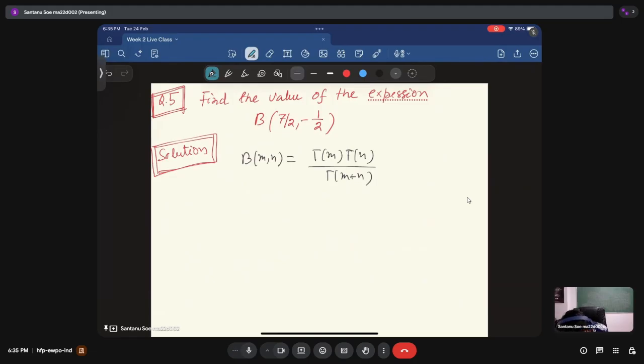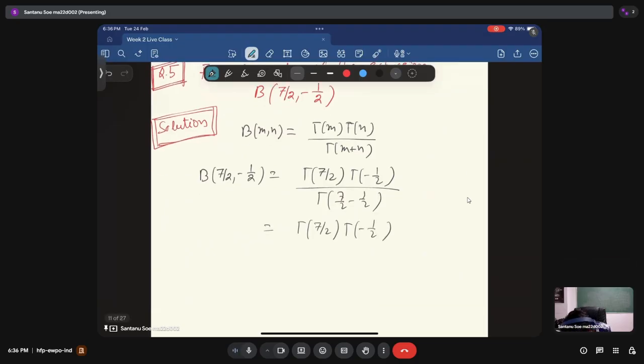Correct. Now by that formula, we can write beta of 7 by 2 comma minus 1 by 2 as gamma of 7 by 2 gamma of minus 1 by 2 and then gamma of 7 by 2 minus 1 by 2. So this is gonna be gamma of 7 by 2 gamma of minus 1 by 2 and this will be gamma of 3. Correct.